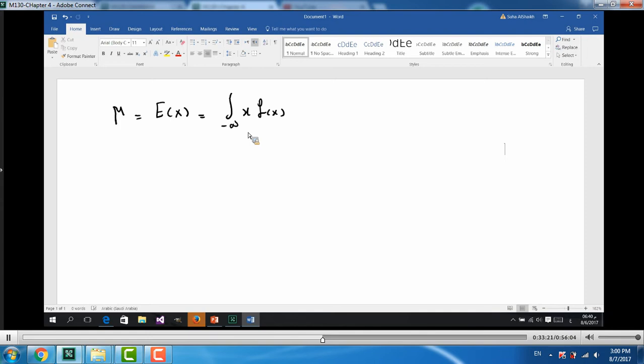Then it is integration work. 2 is a constant, it can go outside. The integration from 1 to 2 of x square minus x, and integrate that one. Okay?